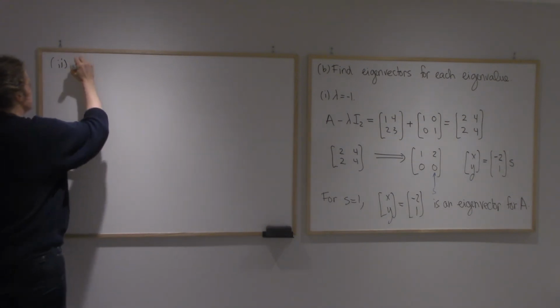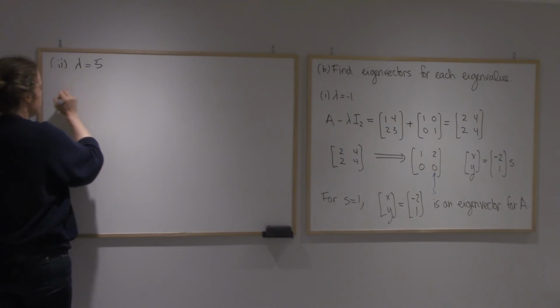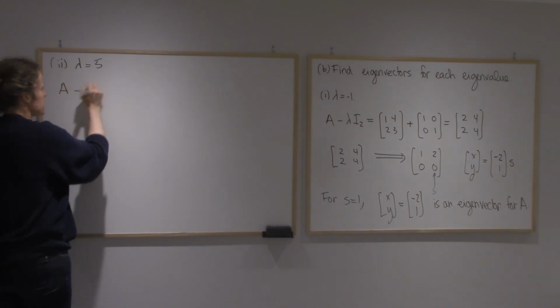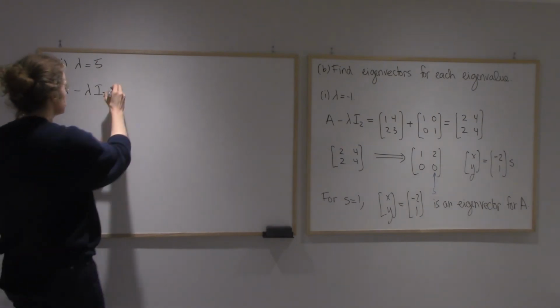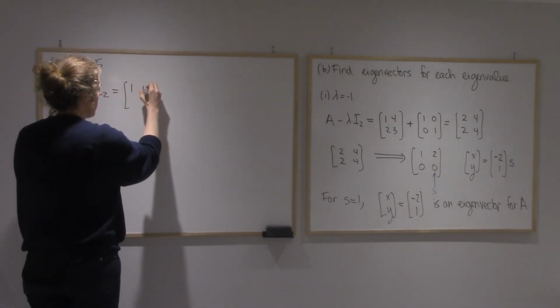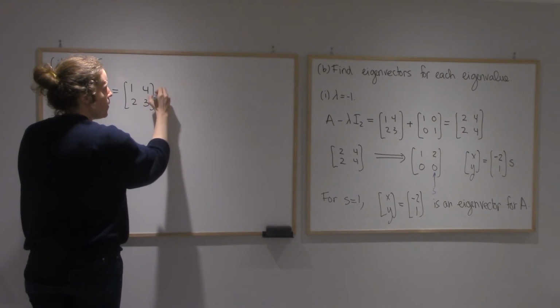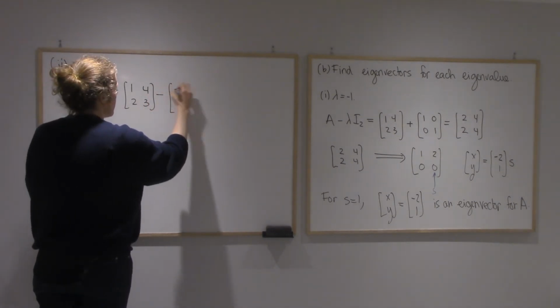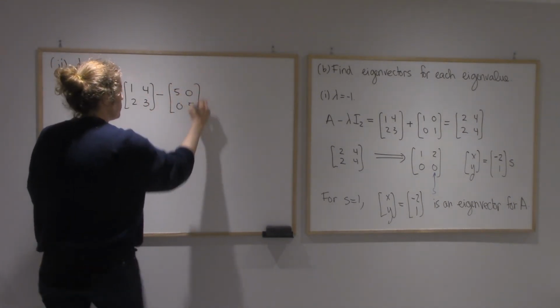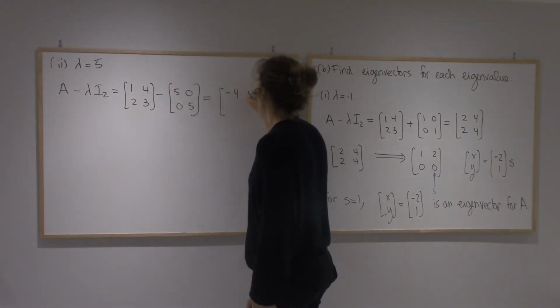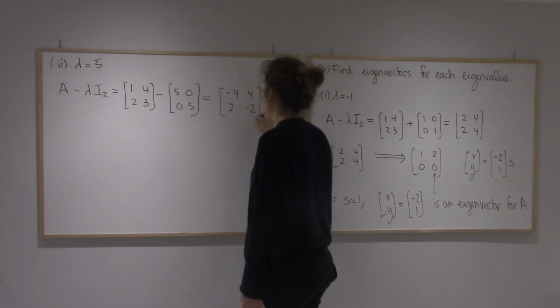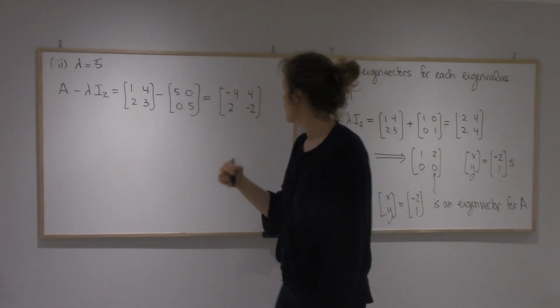So for lambda equals 5, I'm going to look at A minus lambda I_2. Always the same thing, your lambda changes. So in that case, I would get 1, 4, 2, 3 minus 5, 0, 0, 5. I'll get -4, 4, 2, -2. Again, the rows are parallel.